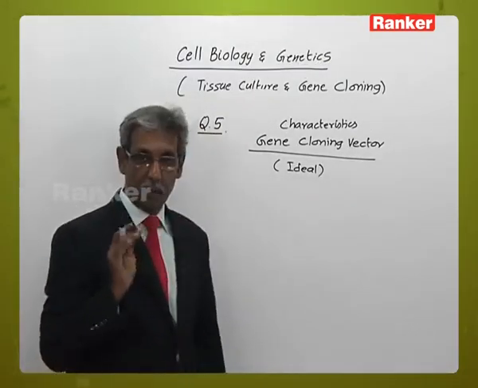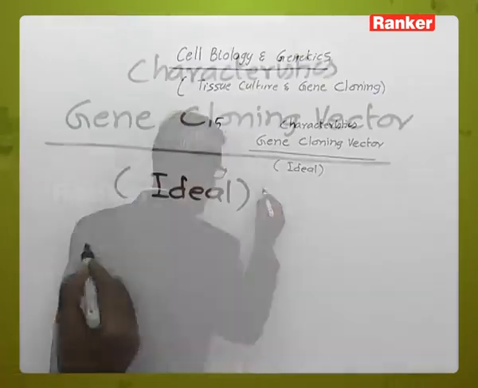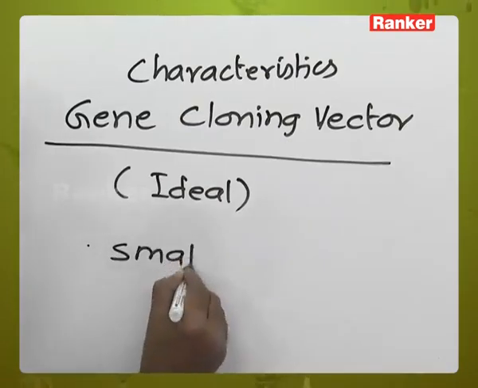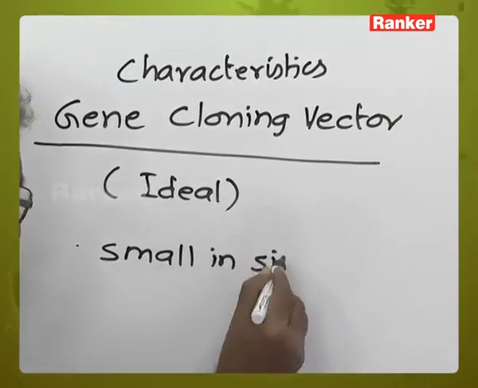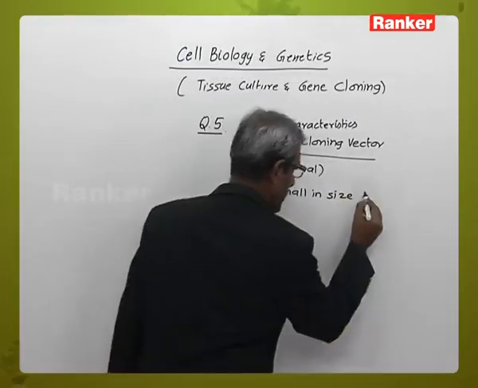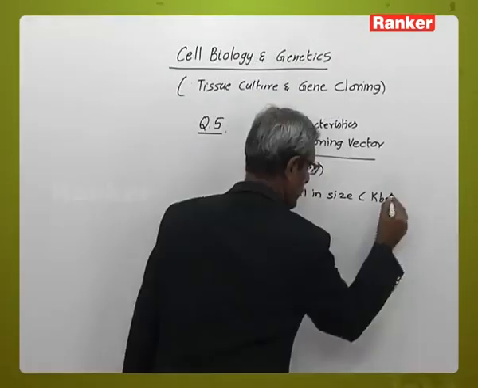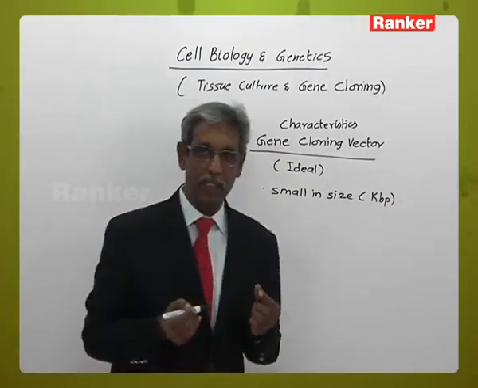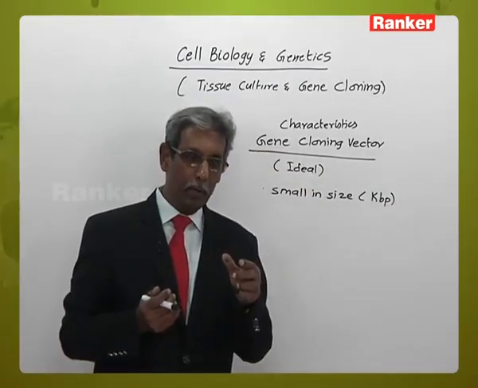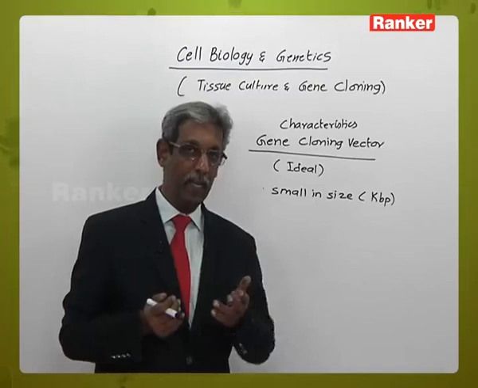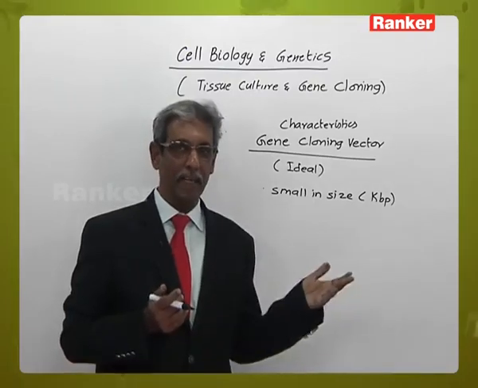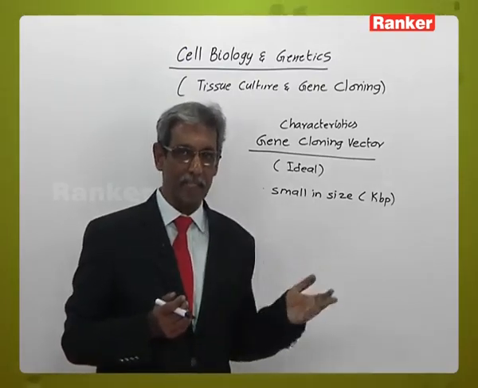Whenever we take any gene cloning vector, first, it should be small in size in terms of kilobase pairs. The reason is that it should be able to take the load of the DNA and move within the bacterial cells and between the host and the recipient cells.